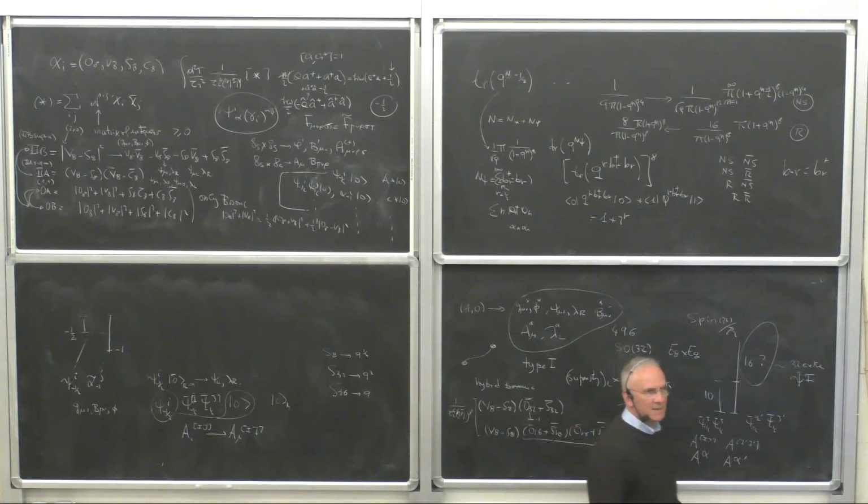So the states are an adjoint multiplet of SO16 plus another 128 states, which have to do with the spinor. And now 120 plus 128 makes 248, which is exactly the adjoint representation of E8. So you have the E8 cross E8 group.